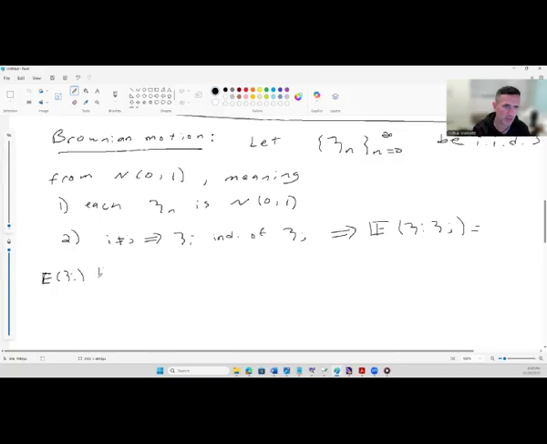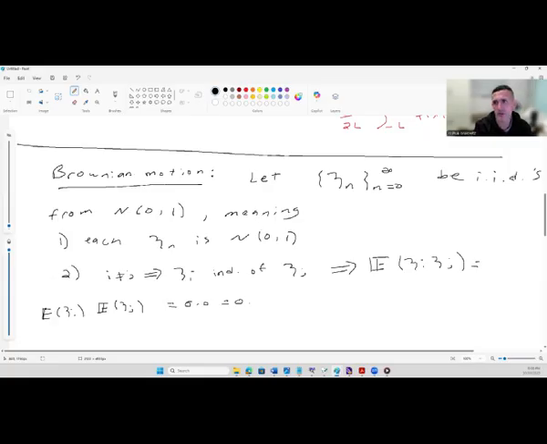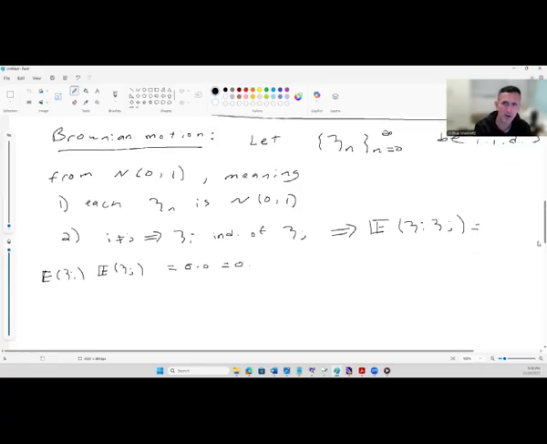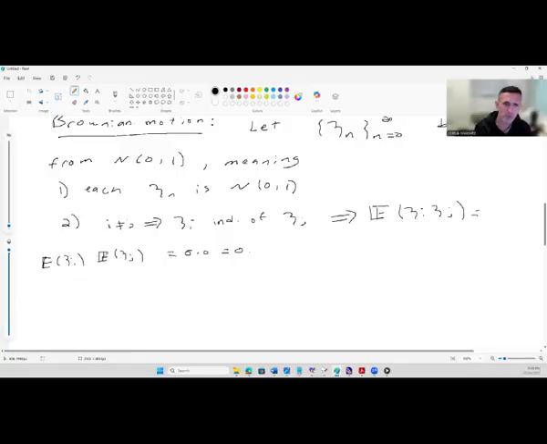And these both have mean 0 because we're saying they're mean 0. Right. So they're independent and they're identically distributed from this distribution here. Everything's normal, mean 0, standard deviation 1, and they are independent.